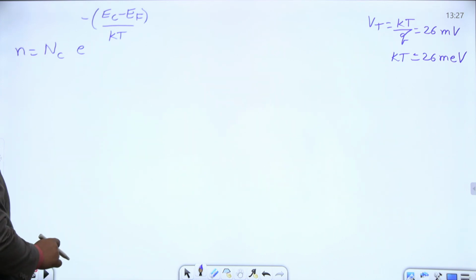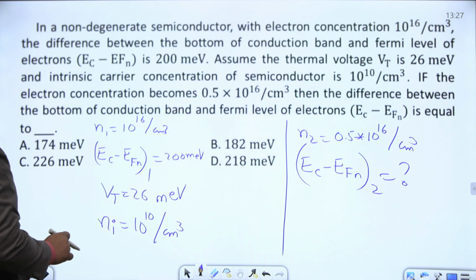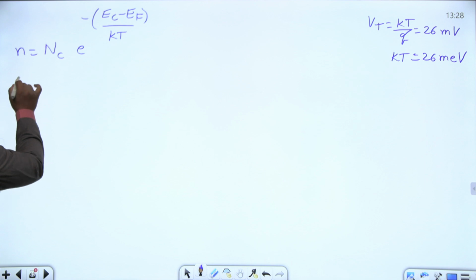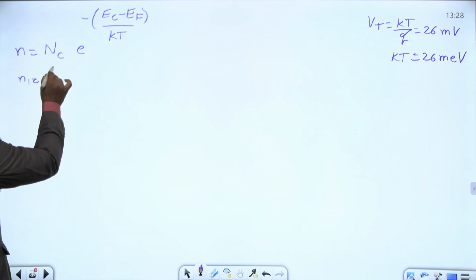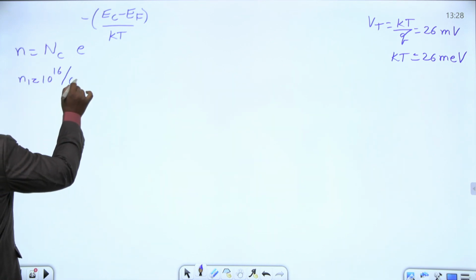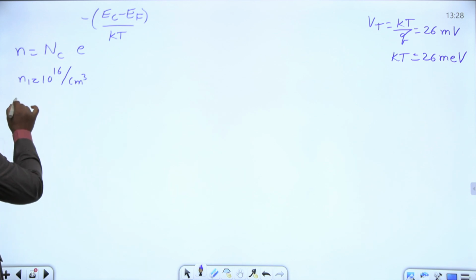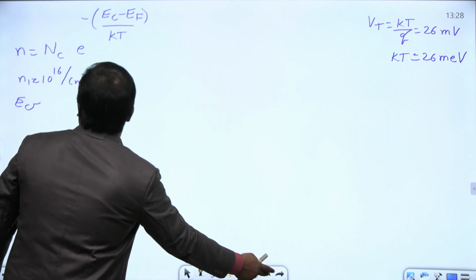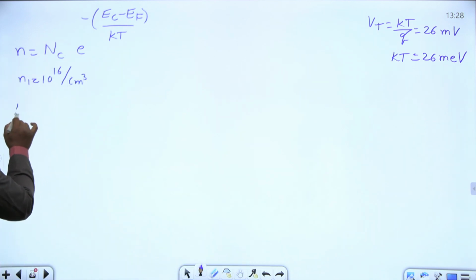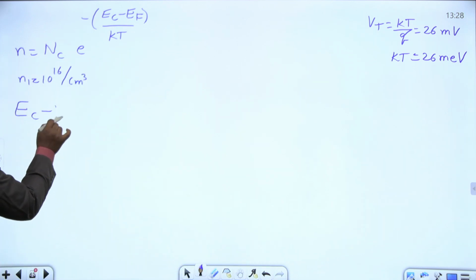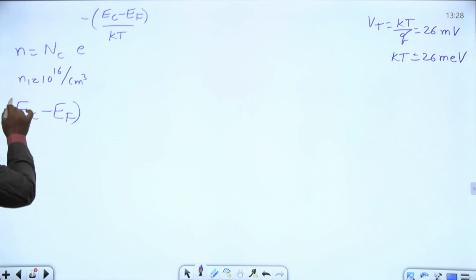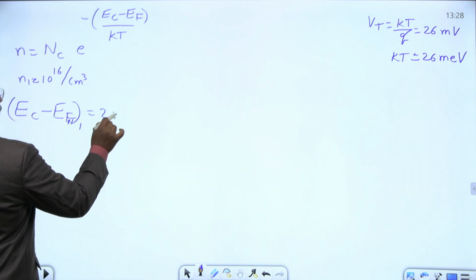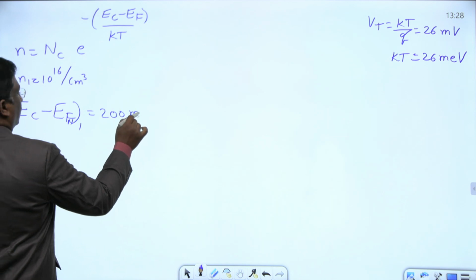And here let us see the data. N1 equals 10 power 16 per centimeter cube. Ec minus Efn for the first set is given as 200 milli electron volts.